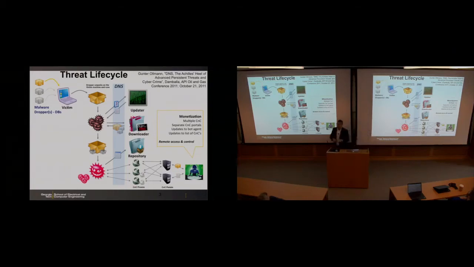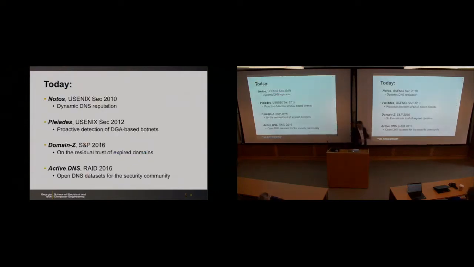All right? So let's try to see how DNS and the analysis of DNS traffic can help us achieve that. All right? So today I'll try to quickly go over 4 papers. I'm not going to go obviously in detail because that will take us more than an hour.